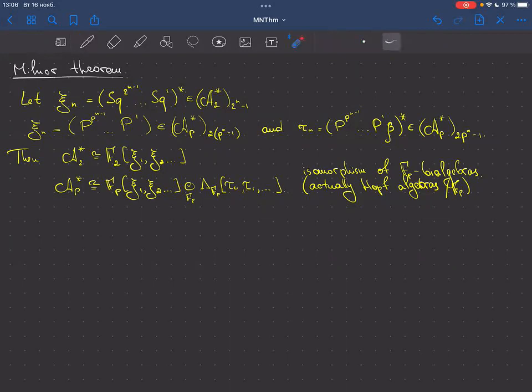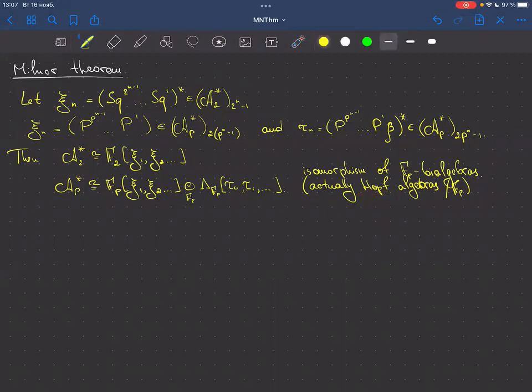So we have such isomorphisms of bialgebras. Actually, it is an isomorphism of Hopf algebras, but we haven't discussed the structure of Hopf algebra on the Steenrod algebra. Therefore, we will omit the Hopf part of this isomorphism.